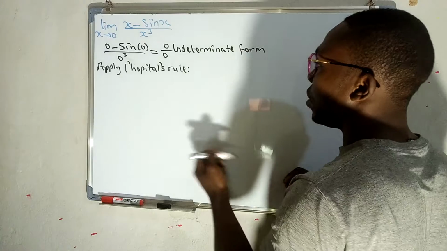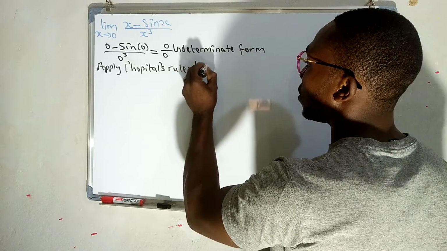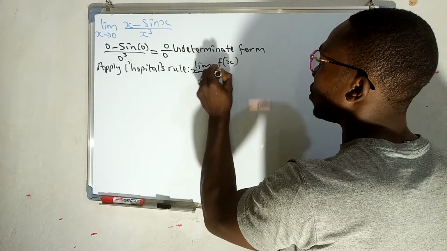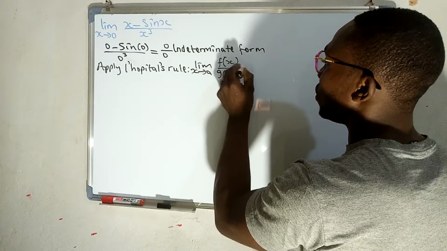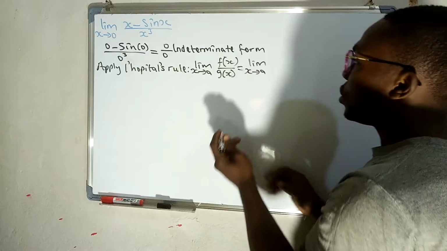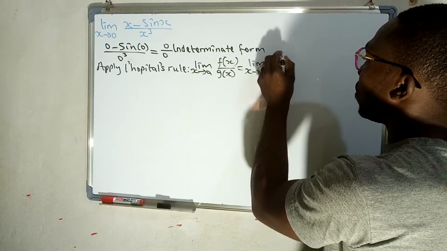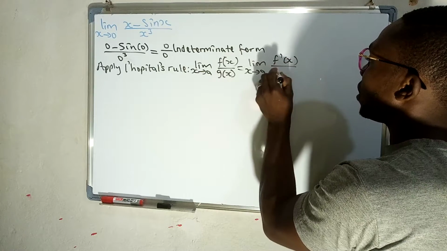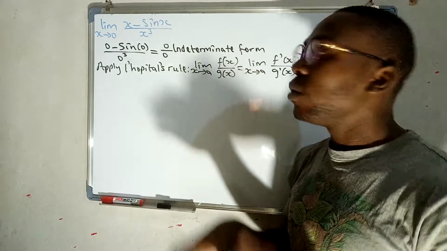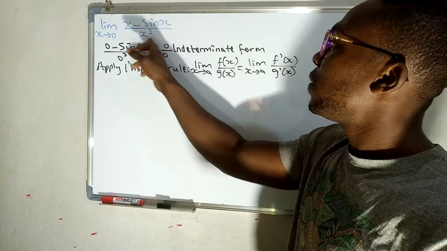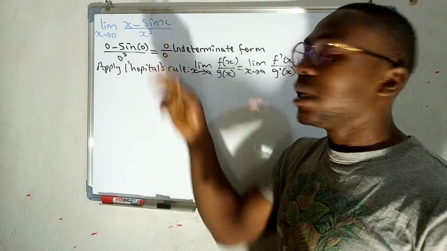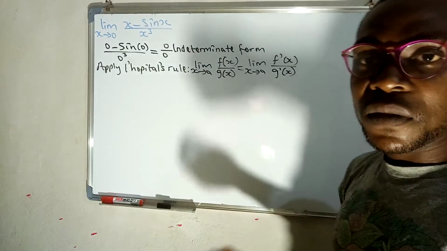We apply L'Hopital's rule: the limit as x approaches a of f of x over g of x is equal to the limit as x approaches a of f prime of x over g prime of x. So this means we'll be finding the derivative of the given function: the derivative of x minus sine x and the derivative of x to the power of 3.